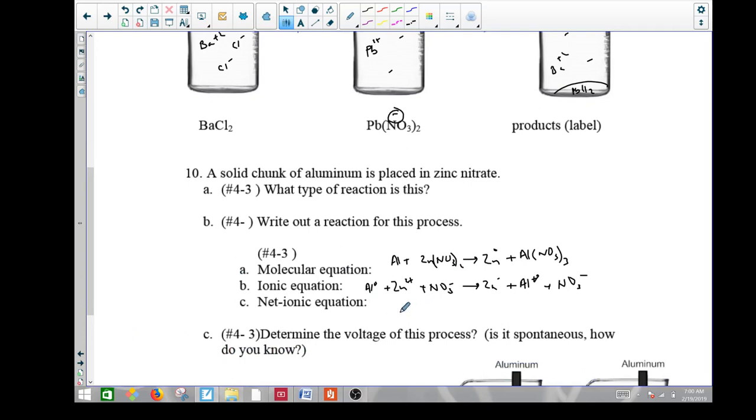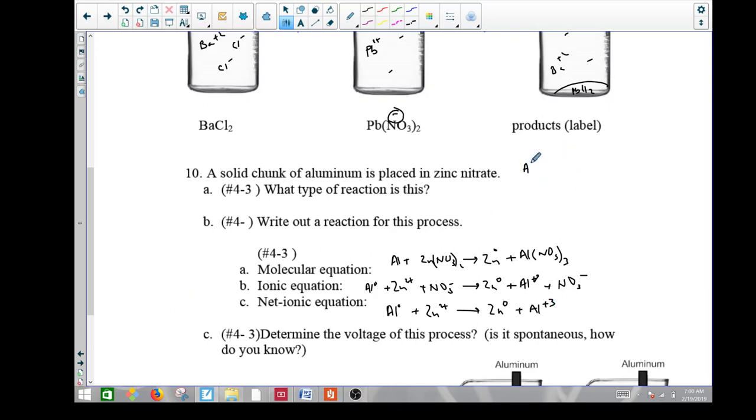Alright, so the net equation is going to be aluminum metal plus Zn2+ yields zinc metal, should be 0 there, plus Al3+. Now we got to balance this thing, and to do the balancing I'm going to write out the half reactions.